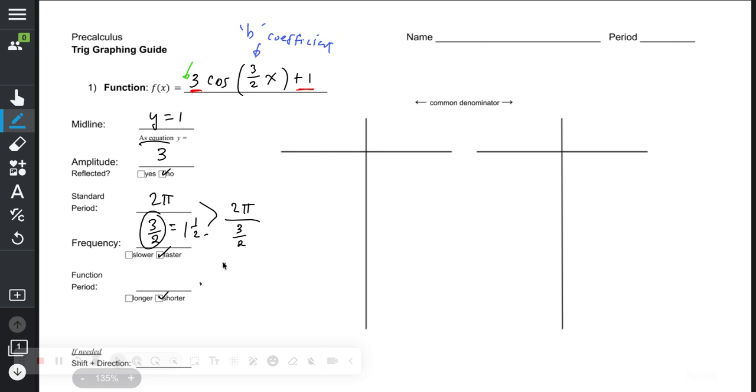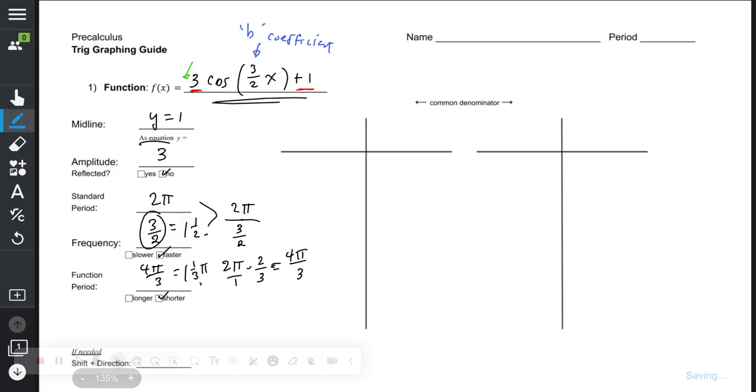So when you divide with fractions, you keep, change to multiply, and flip to the reciprocal. So what do we have here? When we multiply, we're getting 4 pi over 3. Is 4 pi over 3 shorter than 2 pi? You bet it is. Because that's 1 1/3 pi. It is shorter. So that's going to be the length of one period of this function.